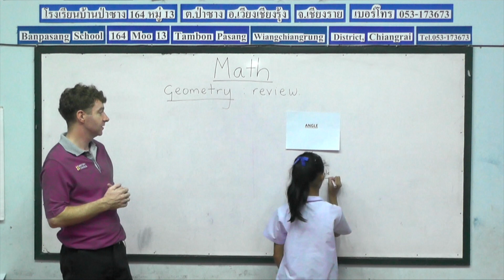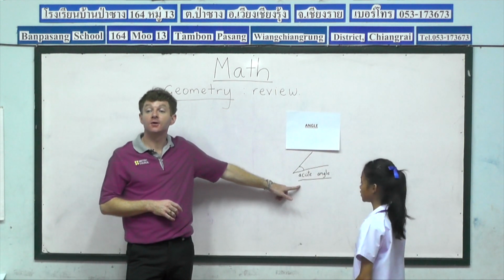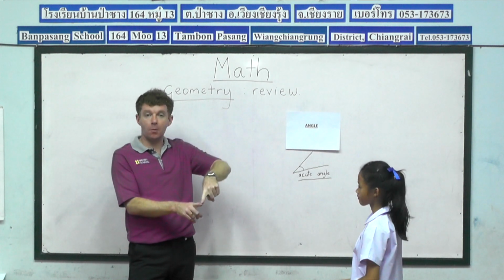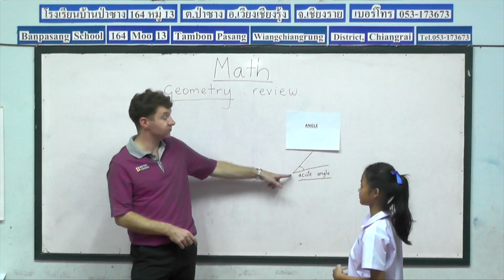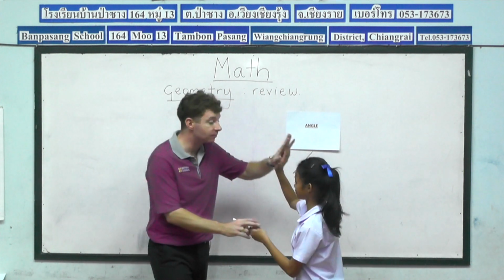That's brilliant. So all together, guys, we have acute angle. 2 lines meeting at one end point gives us an angle. Dan, that was excellent. High five. Big round of applause for Dan.